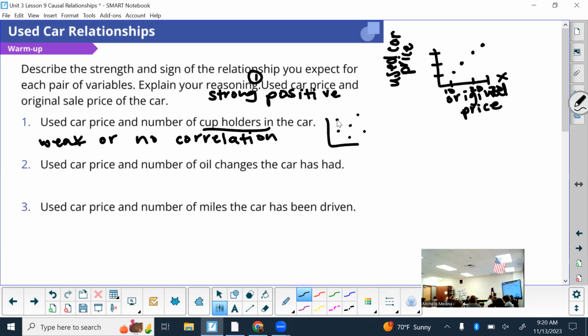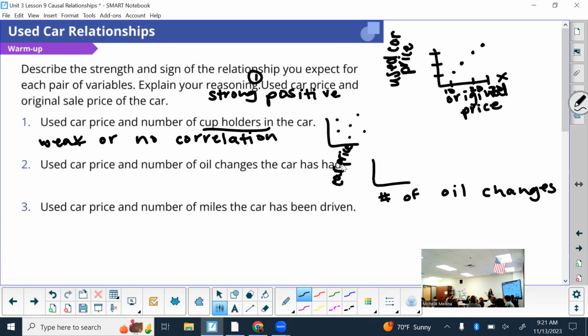So do you think if they have more oil changes, that the used car price is higher or lower? Lower. And why do you think that, Benji? I'm not saying you're wrong. But if we have more oil changes, do we expect the car price to be higher or lower?